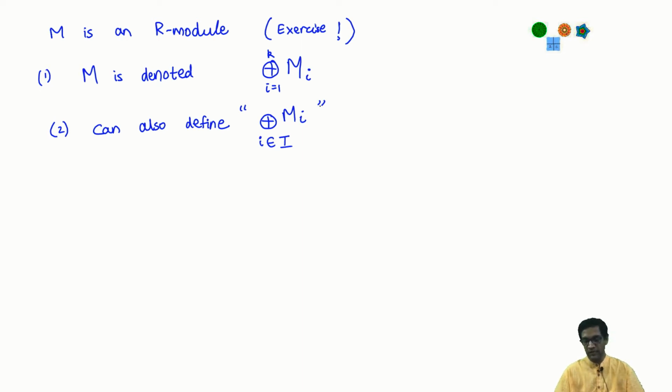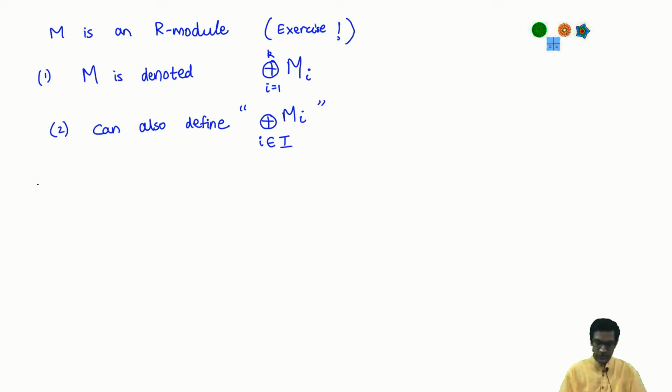If you have an infinite collection of modules, the direct sum is actually a certain subset of the product, more precisely the subset in which only finitely many of the entries are allowed to be non-zero. Anyway, that's something that we won't encounter in this course, so for now we will not worry about that.